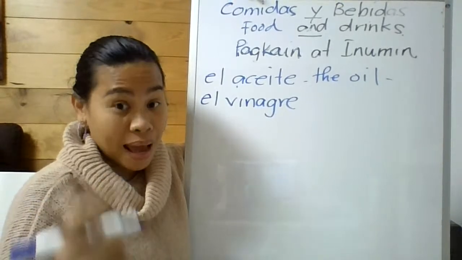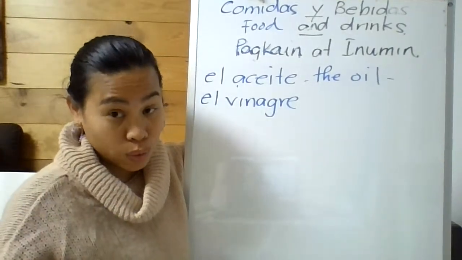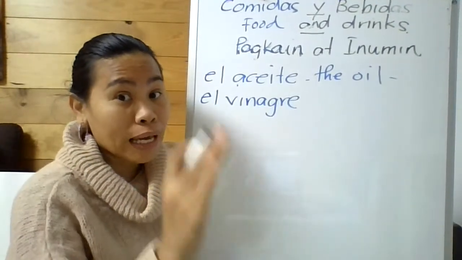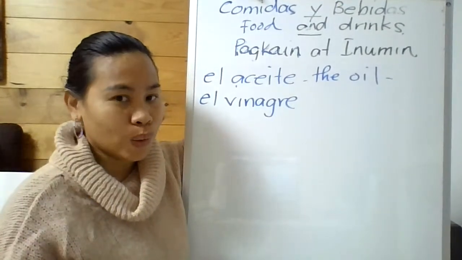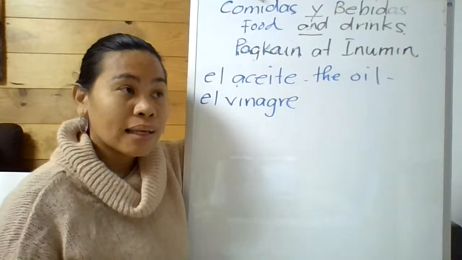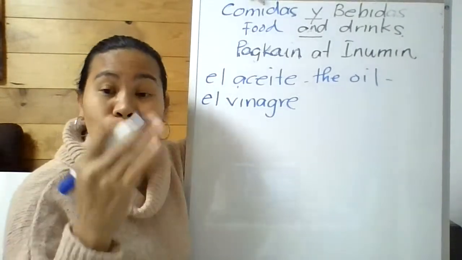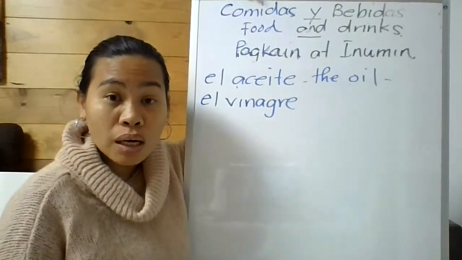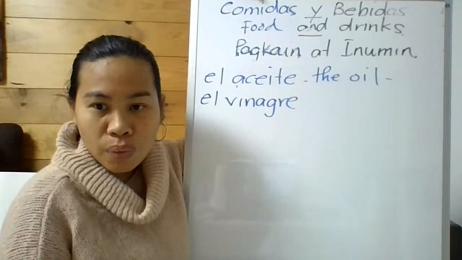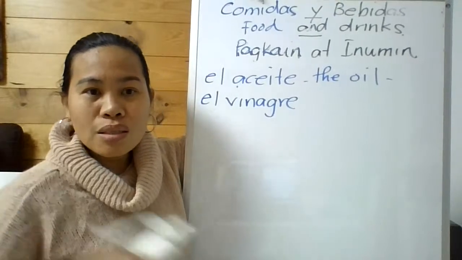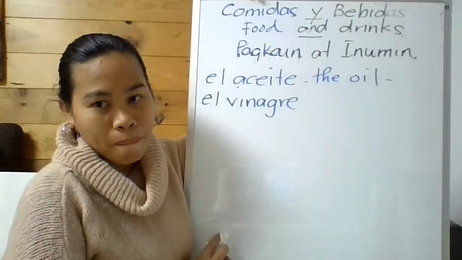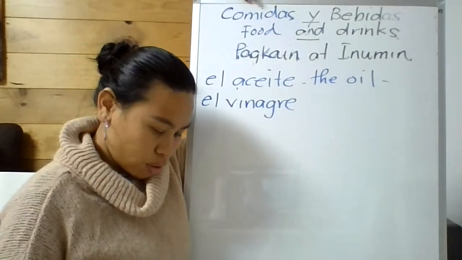Cuando habla en castellano, hay que poner artículos. La mesa, el tenedor, el pan, la carne. So, you really need to put the articles when you are speaking with them. So that is the reason.